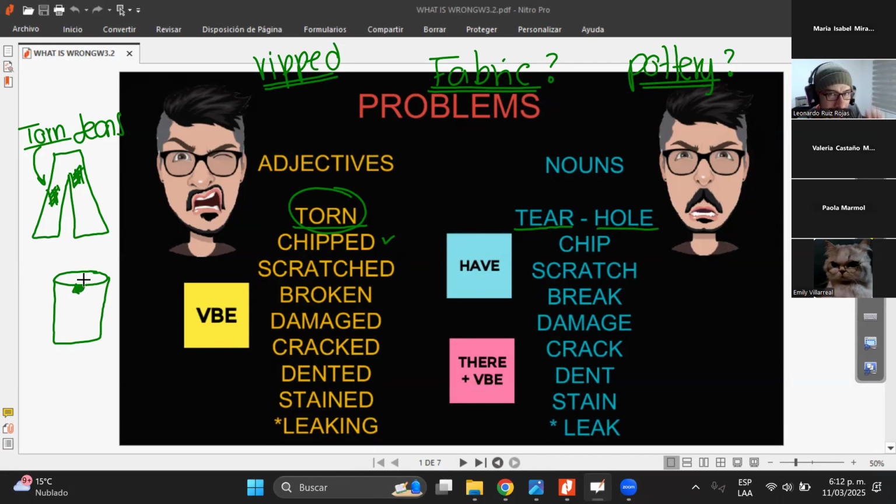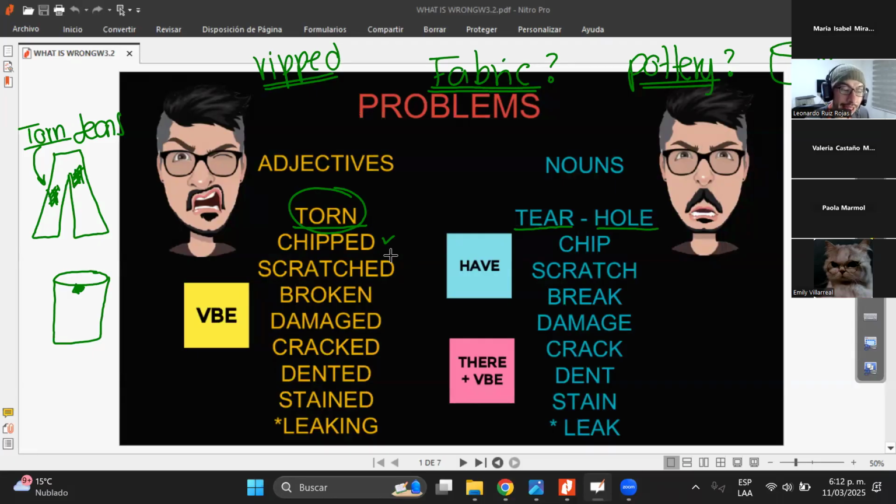Or the same happens when we drop a cup. Probably it's going to lose a little piece of the ear, right? So in that case, that's something that is chipped. Yes, it's broken, but minimally broken. It has a little piece that is missing.